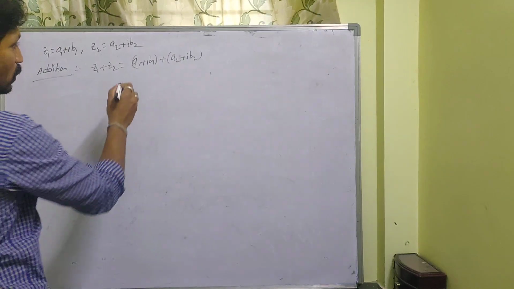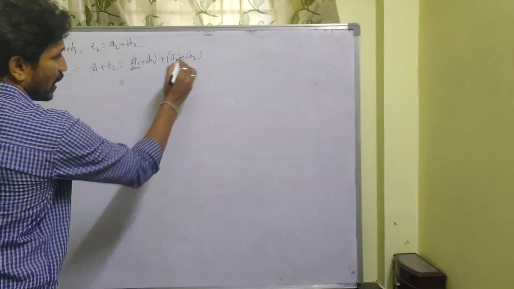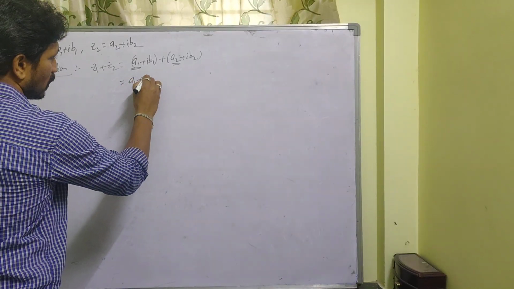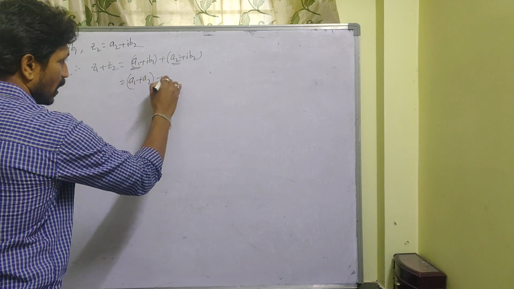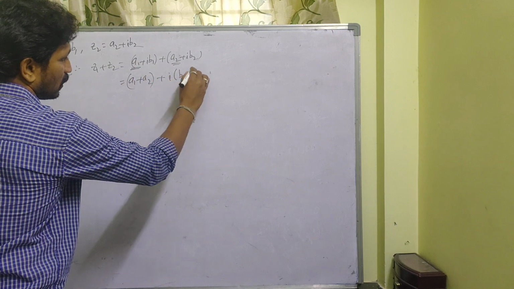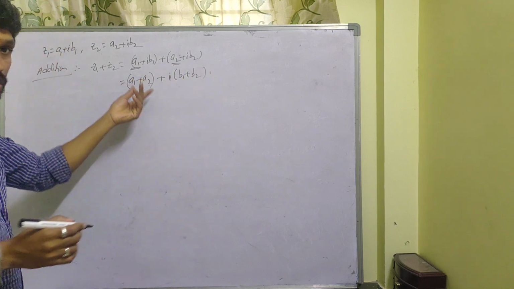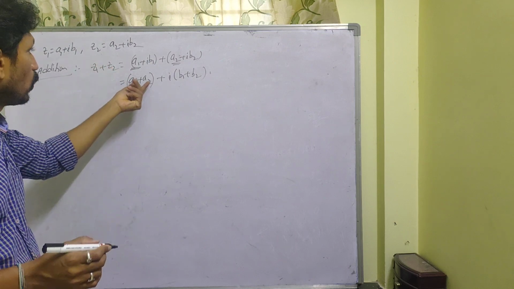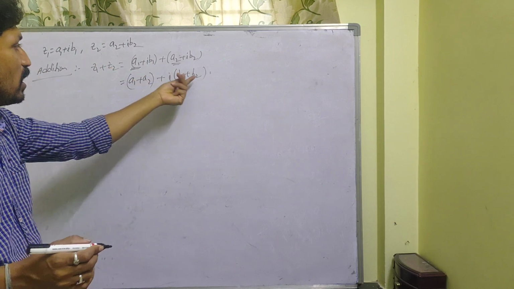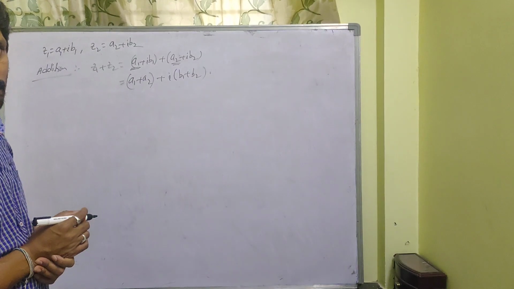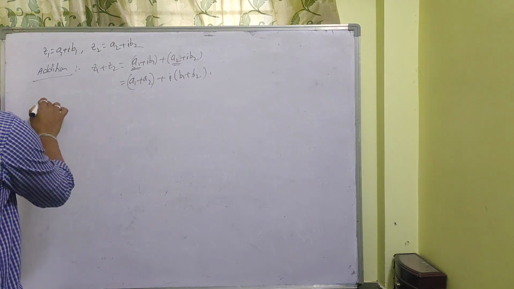The real parts add, a1 plus a2, and the imaginary parts add separately. So in z1 plus z2, the real part is a1 plus a2 and the imaginary part is b1 plus b2. Next, subtraction.